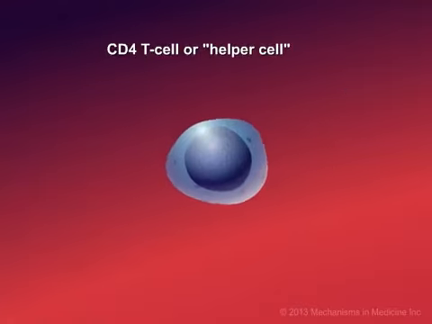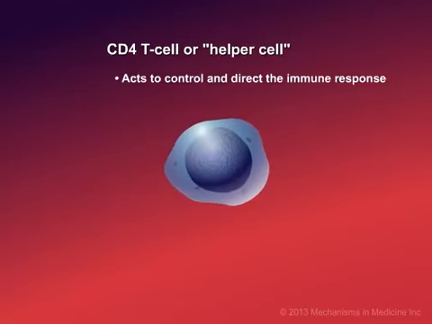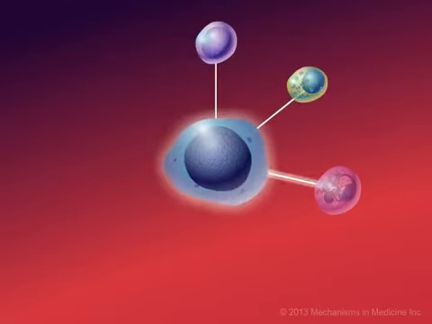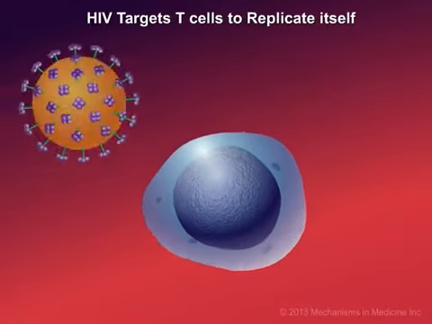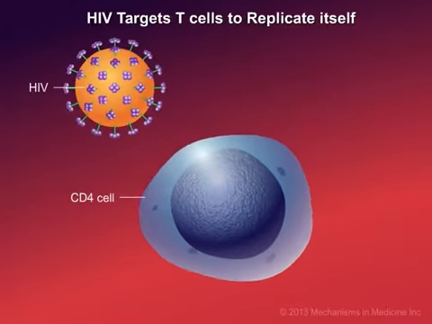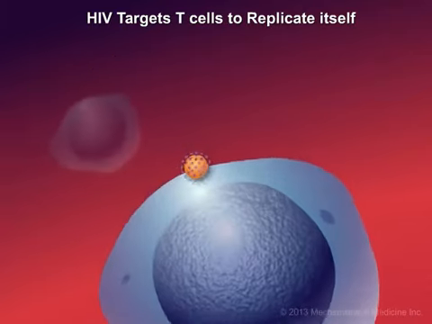A type of white blood cell is the CD4 T cell lymphocyte, or helper cell, which acts to control and direct the immune response. The CD4 cell is an important cell in the immune system because it coordinates all the other immune cells. When HIV infection occurs, the virus targets these cells of the immune system.